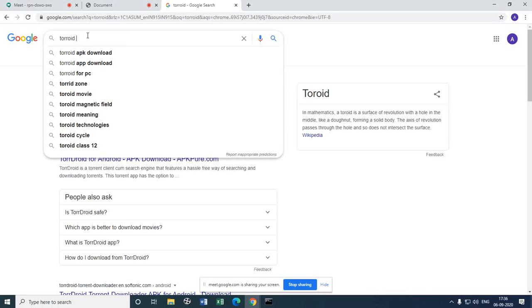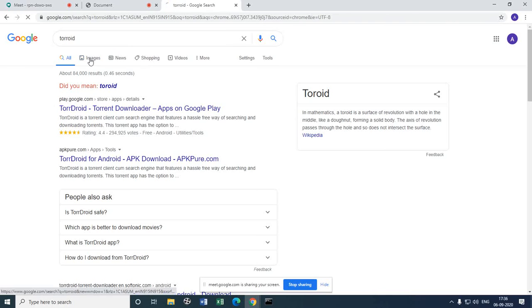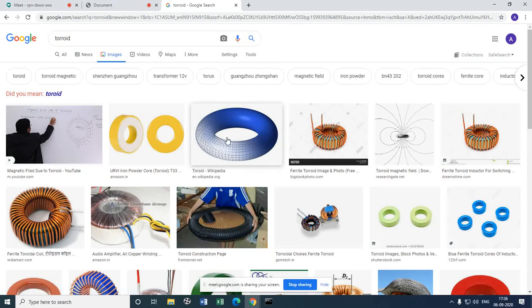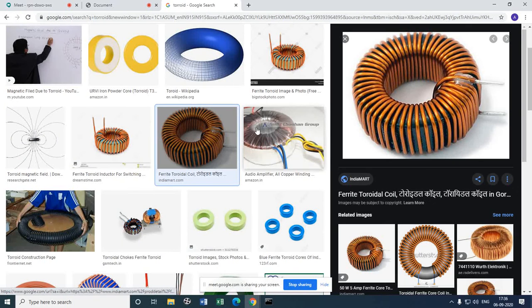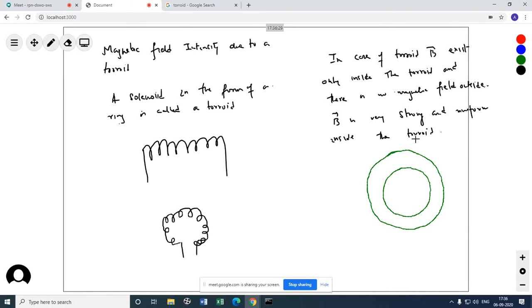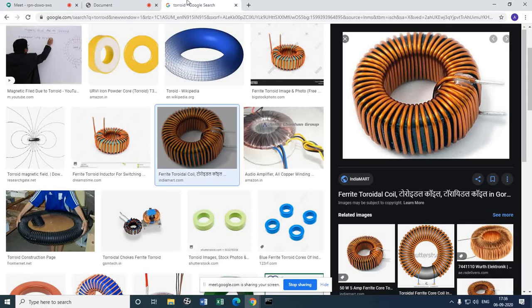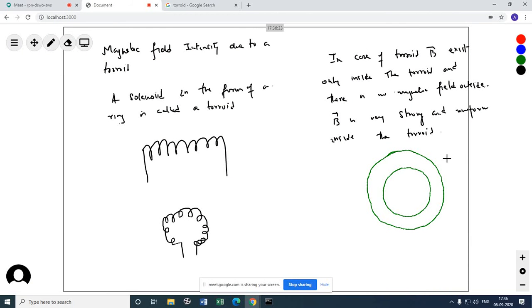See, they are showing me different images. Yeah, here is the toroid. This is a toroid. So for a toroid, you can see the magnetic field lines are like this way. If you cut it, you can see the magnetic field lines start this way.